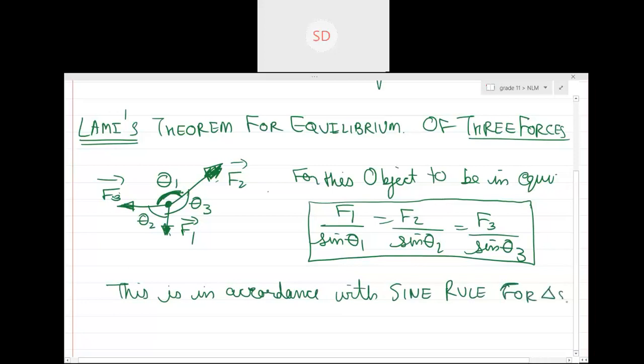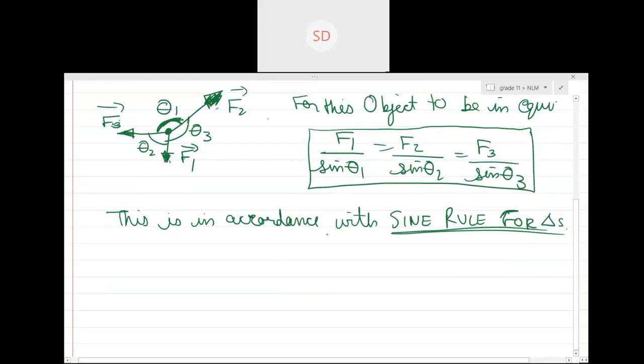You can ask your math teacher about it, although this will be discussed in 11th grade only, in the chapter Solutions of Triangles. You have this chapter in 11th grade, right? Solutions of Triangles. So there is this sine rule, which is basically a upon sin A, b upon sin B, c upon sin C. So it's the same. Remember this, guys.